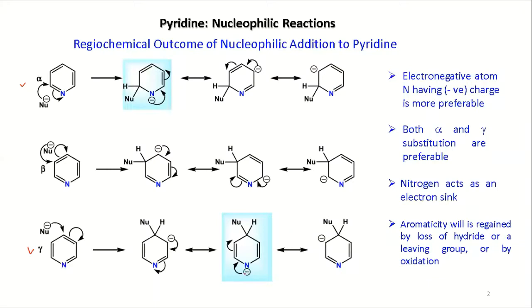So when the nucleophile is attacking, it's making the bond, so one of the hydrogens has to be released, and that is going out by hydride release. We can call that process oxidation, because you are releasing the hydrogen. So sometimes an oxidizing reagent is required to do the aromatization in this case.